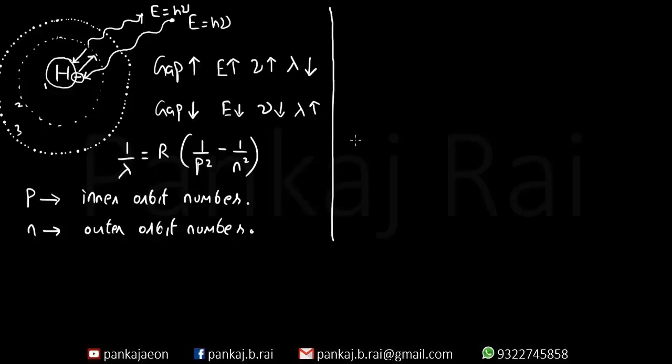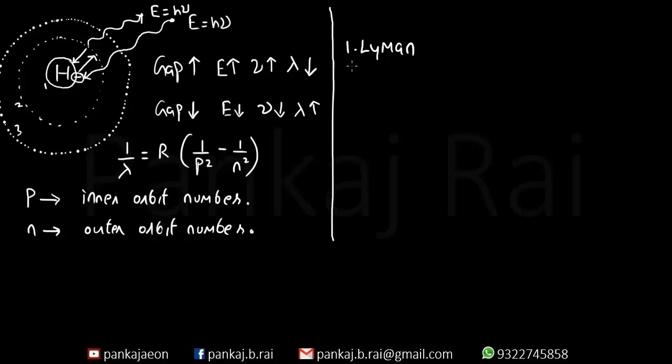The first series is called the Lyman series. Now what is the Lyman series? Lyman series occurs due to the transition of electrons from different outer orbits to the first orbit.